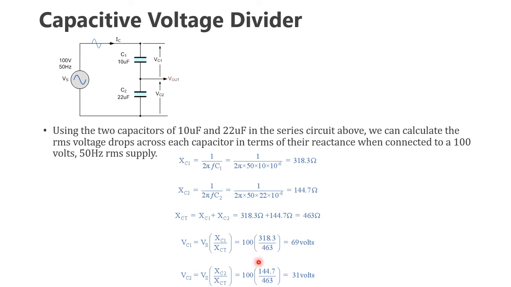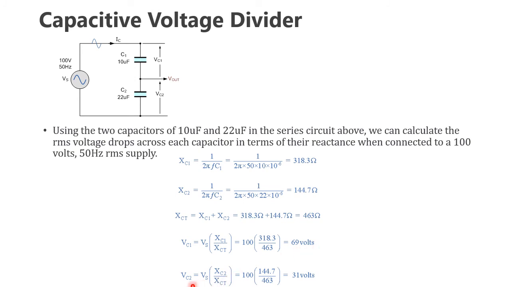So 100 into XC1, the reactance of the capacitor C1, that is 318.3 ohm, over XCT, the total equivalent reactance, which is 463 ohm. So that will be equal to 69 volts.